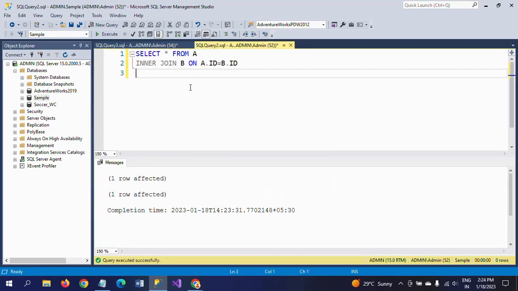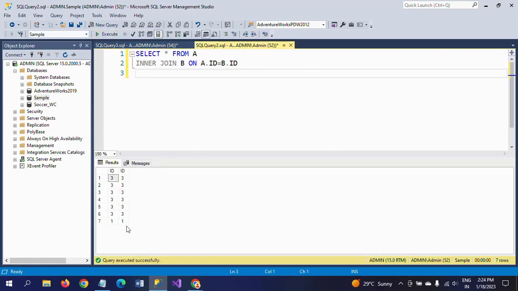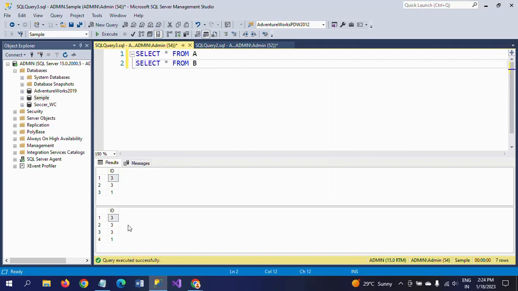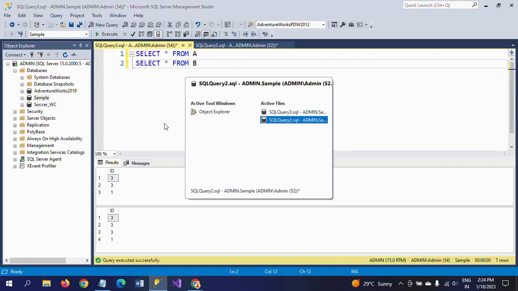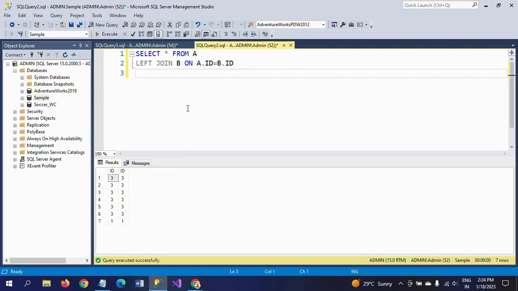Total 7 records we will get. See here, all these are matching records. Now if you apply the left join, it will pick both as usual. Right join, everything is 7 records.